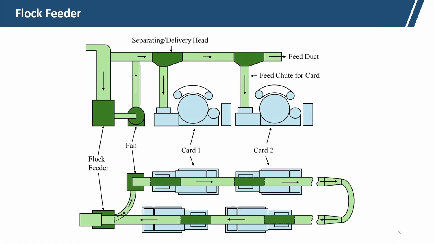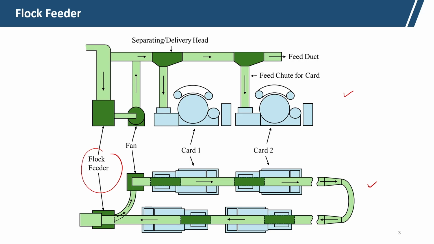Now, the flock feeder. If you see here, this is the typical line of a flock feeder. This is a side view, and this is the top view. The flock feeder feeds the fiber. After the opening line in the blow room is completed, the fibers become opened, as we have discussed.